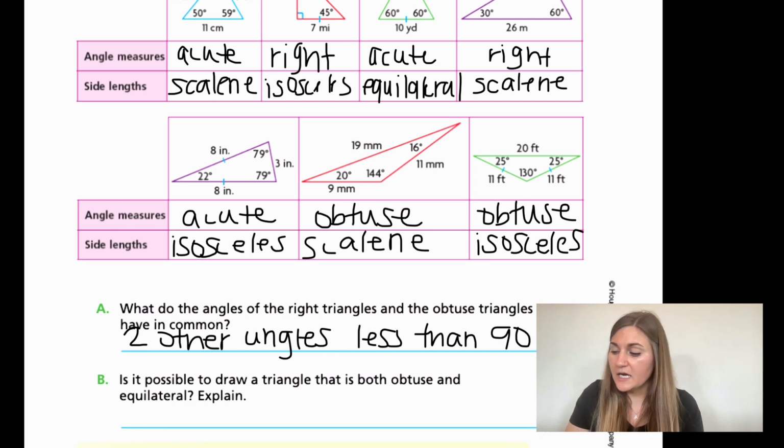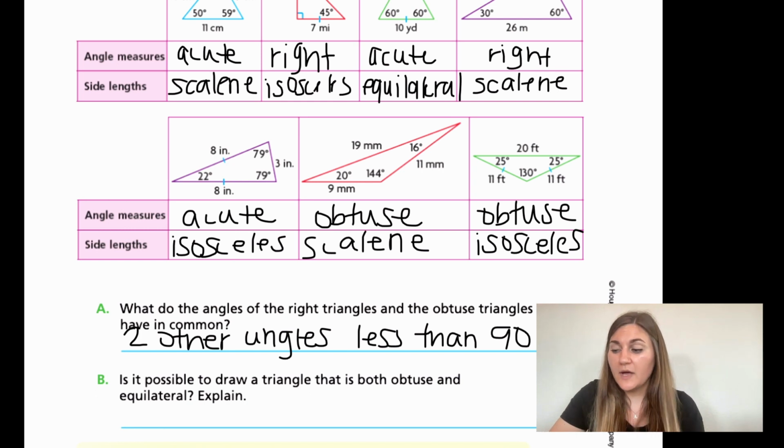All right, and then for B, is it possible to draw a triangle that is both obtuse and equilateral? Well, we only had one equilateral triangle. It was the first green one where all the sides are the same. So if you notice, if all the sides are the same, that means all the angles have to be the same. In a triangle, if you add all the angles together, it's going to equal 180. I don't know if you noticed that pattern, but if you go to any triangle and you add all three numbers, they're going to equal 180.